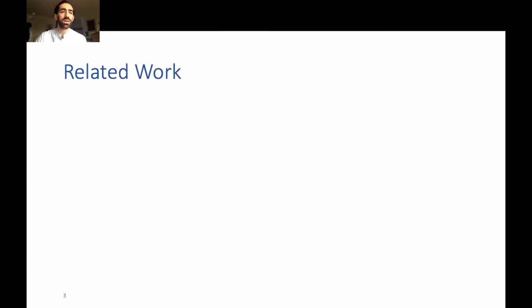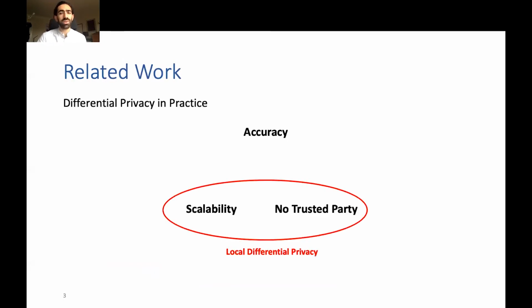To give you a sense of differentially private systems that can be implemented, I'm going to put up these three properties again: accuracy, scalability, and no trusted party. There is a variant of differential privacy called local differential privacy, which adds noise before aggregation. This gives us the properties that we want of scalability and no trusted party, but results in a heavier loss of accuracy.